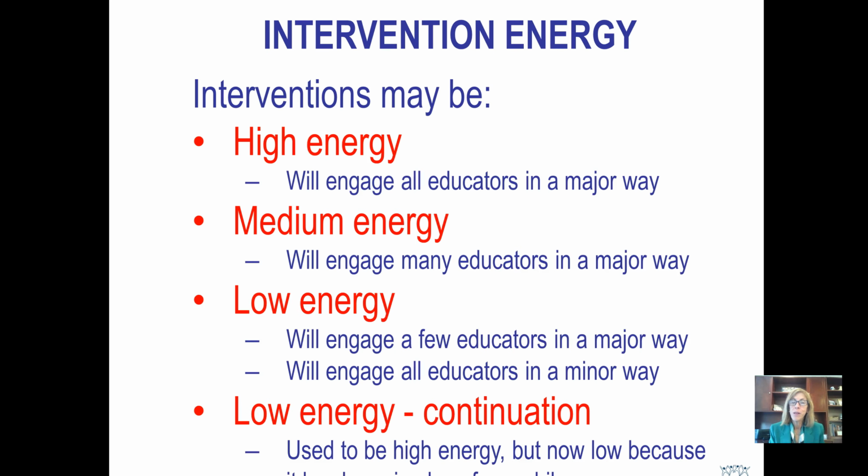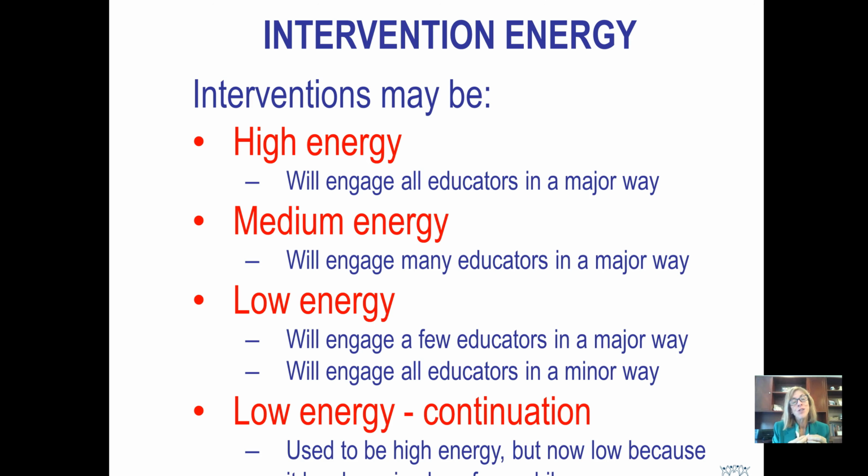Okay, another thing we'd like you to consider as a council member when you're advising and determining what interventions your school will be using is how much energy are those interventions going to take. Sometimes when schools get to this point, they're so excited and there's so many root causes that they just want to tackle right away because they care about the kids and they love teaching.